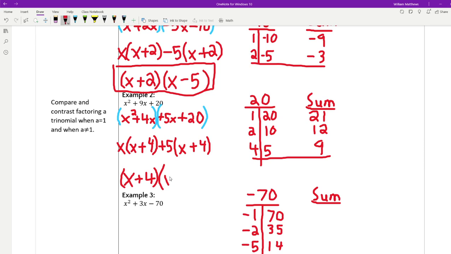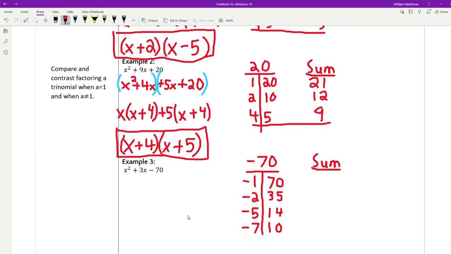The first term is left with x. And my second term is left with the positive 5. So if I would have switched these around, my x plus 5 would have been in first. That is the only difference.